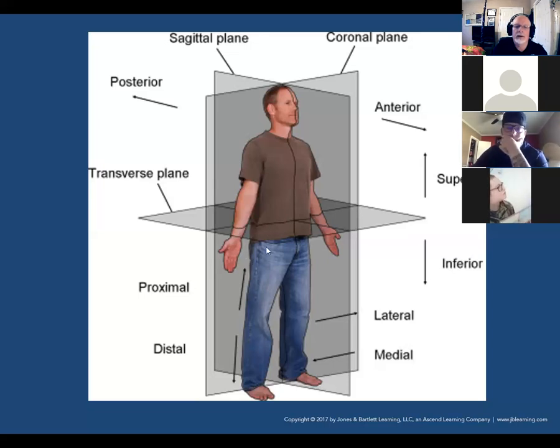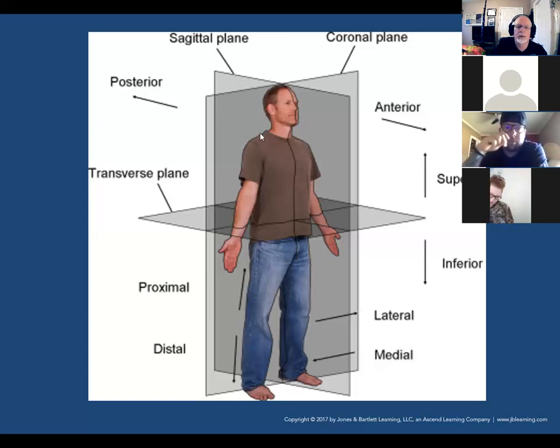So the greater trochanter, which is that knobby prominence on the outside of the pelvis there at the head of the femur, everything closer to that would be proximal. But if he has a 10 centimeter laceration that is 18 centimeters distal to the greater trochanter, maybe it's going to be down in here. So distal would be away from the origin of that extremity. Proximal is closer.